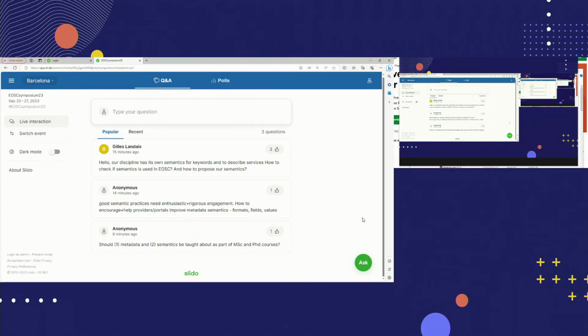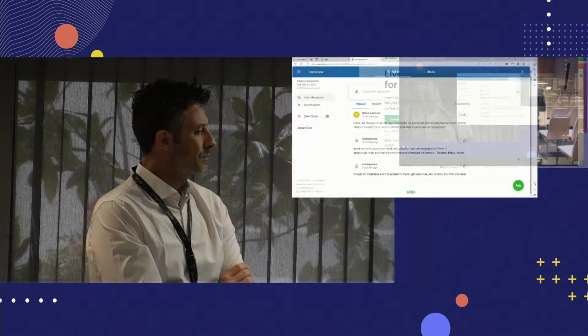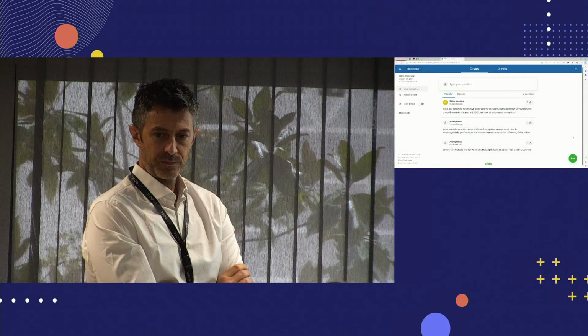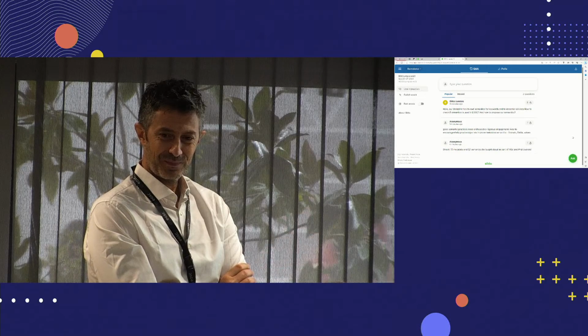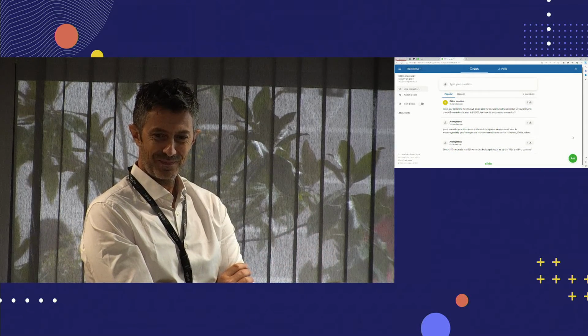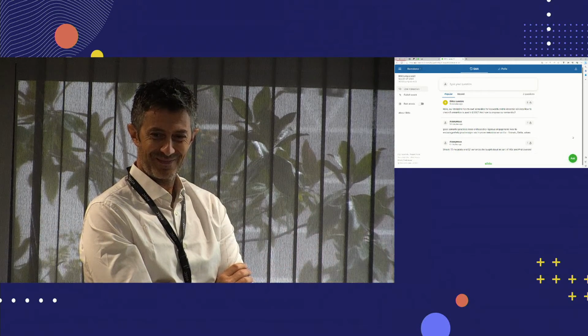No idea. Semantic analyzer. I mean, there are tools that we can start using to identify if you have these strings and where they come from. We are building the semantic analyzer, and it will be freely available when we finish it through the FAIRIES project.